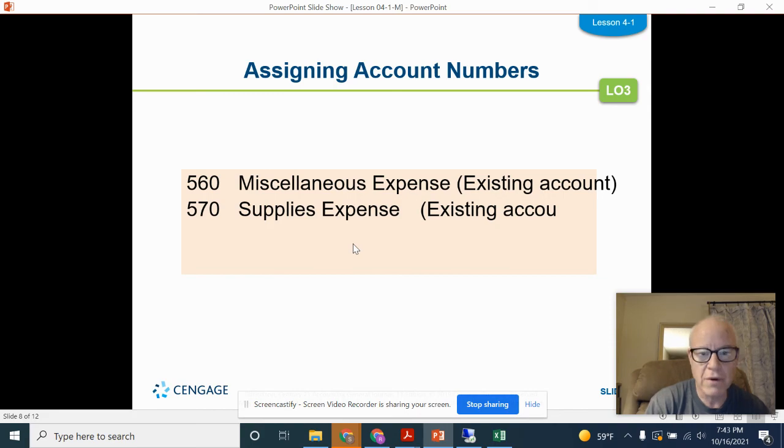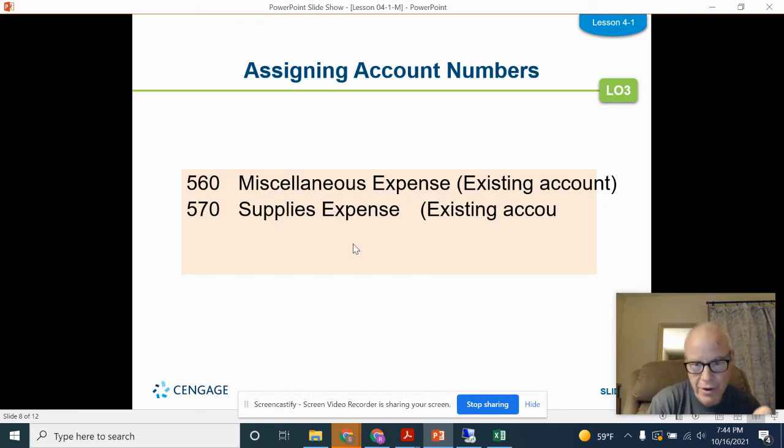So let's say that we have our chart of accounts here in our expense area, and we decide we want to add some new accounts. We have miscellaneous expense and supplies expense. And again, our goal with our expense accounts is to keep them in alphabetical order. And also understand that expense accounts are often determined by, as people within the business have various tasks related to the business, they will use specific accounts to record the activity of whatever they're working on.